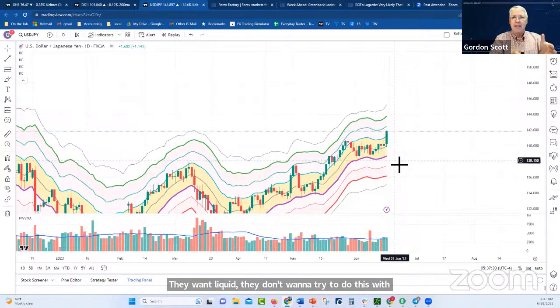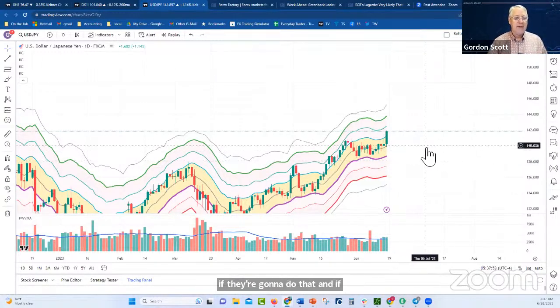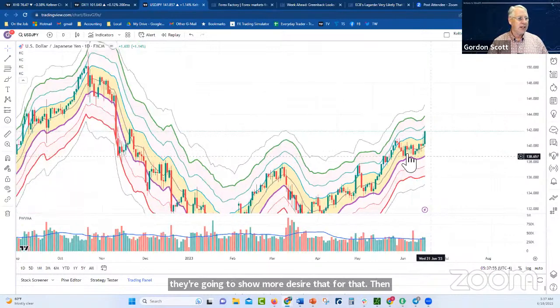Instead, they're going to look at this and say, hey, we can park a bunch of money here, and every night get that differential put in our favor just by holding the US dollar against the Japanese yen. And if they're going to show more desire for that, then you would expect this thing to continue to increase.